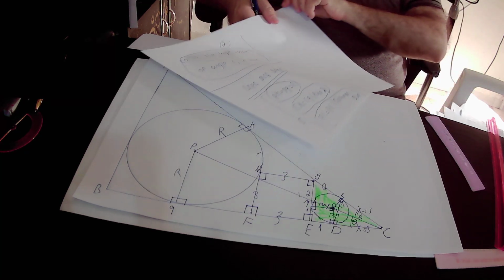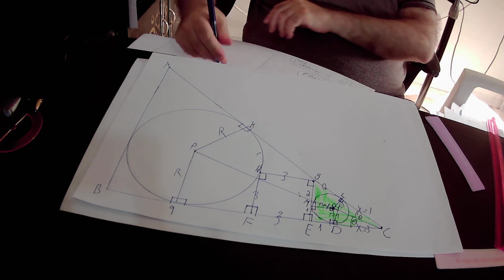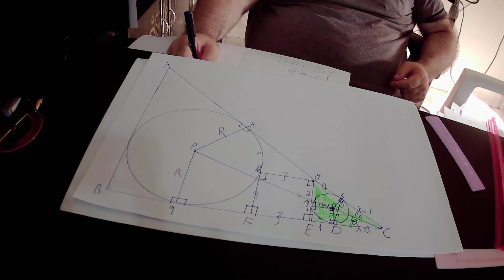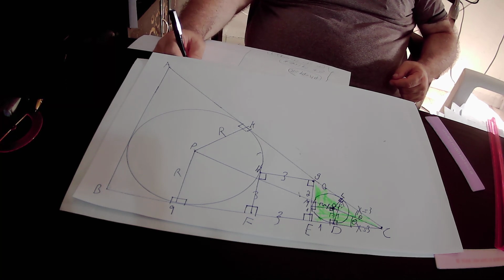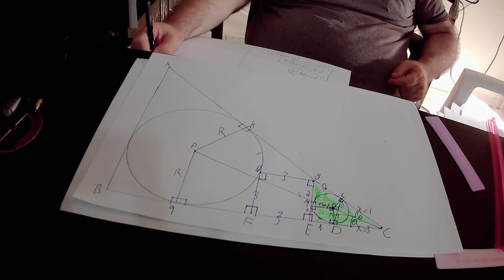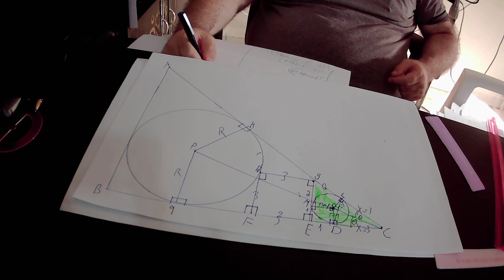So I write it down. The big right triangle KPC can go into the big right triangle PQC according to the side rule.